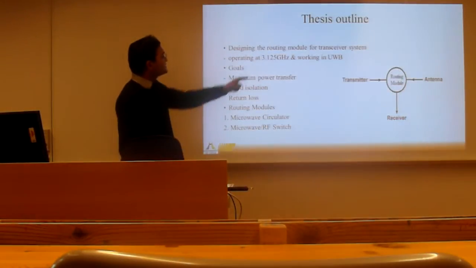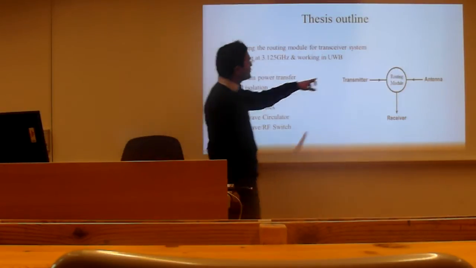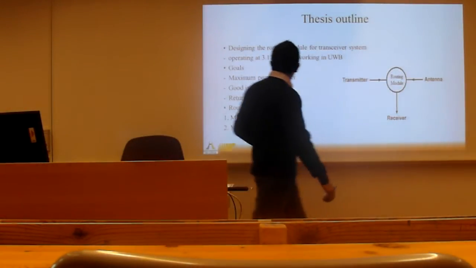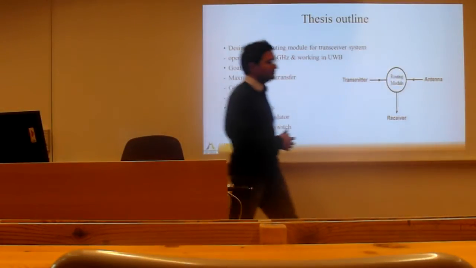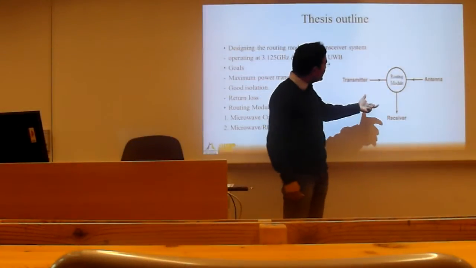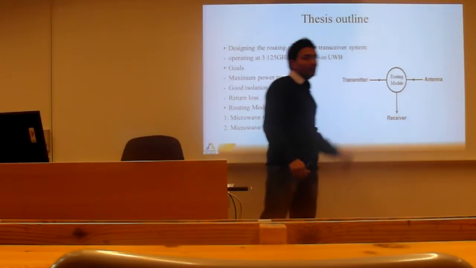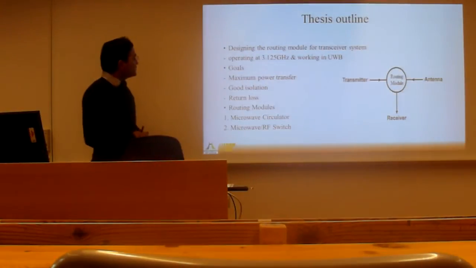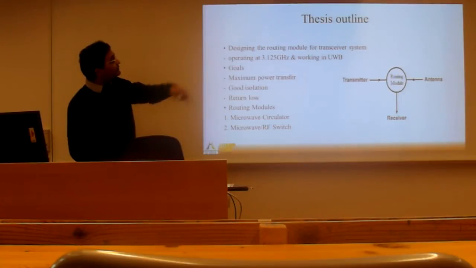So the goals for this routing module are maximum power transfer in the transmitting mode from transmitter to antenna and maximum power transfer in the reception mode from antenna to the receiver. At the same time, good isolation between the transmitter and receiver in the transmitting mode, good isolation between antenna and receiver in the reception mode, a good return loss at the transmitter in transmitting mode and a good return loss at the antenna in reception mode.